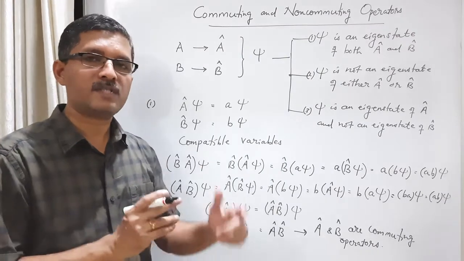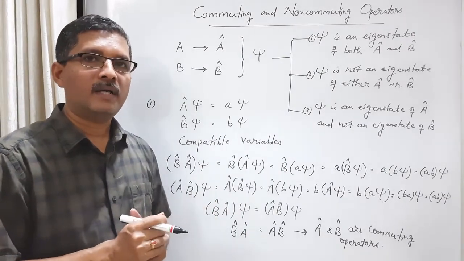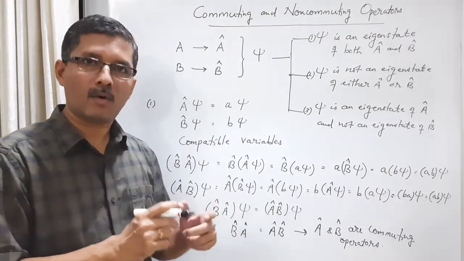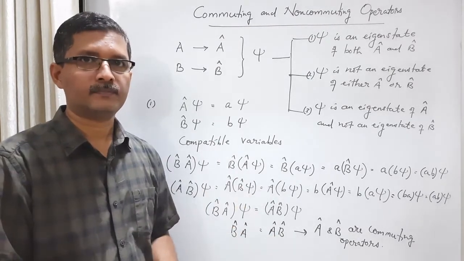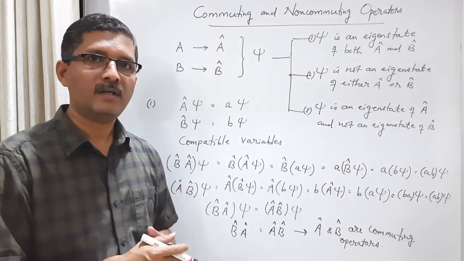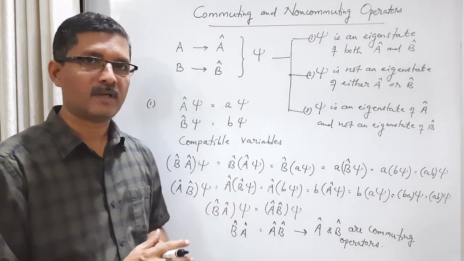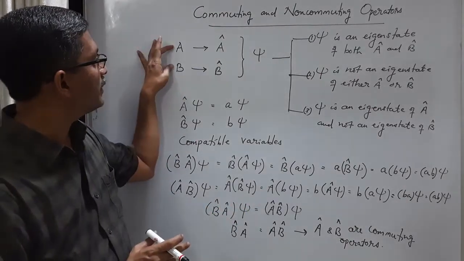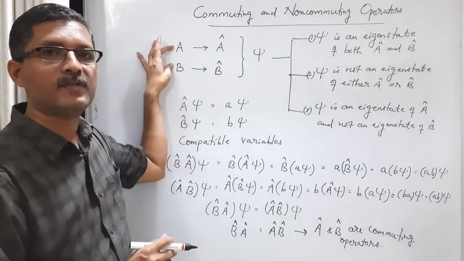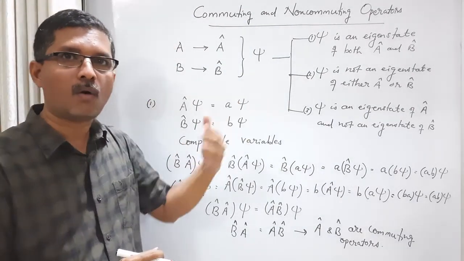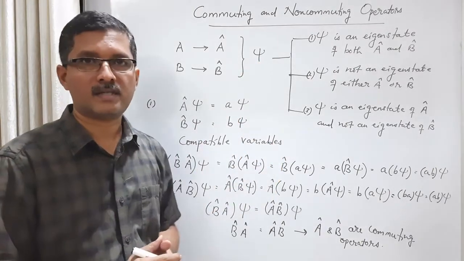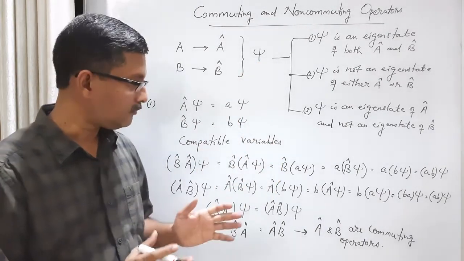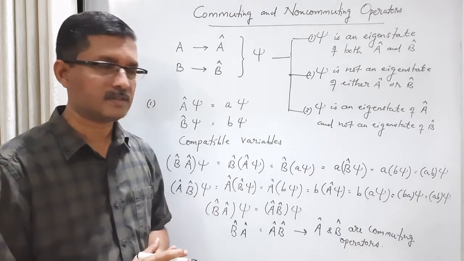So what is meant by commuting operators? Even if you change the order in which they act on a state, the result is the same. Physically, what does it mean? If two operators are commuting operators, then for the corresponding physical quantities, you can change the order of measurement of the physical quantities in the state. So this is the idea of commuting operators.